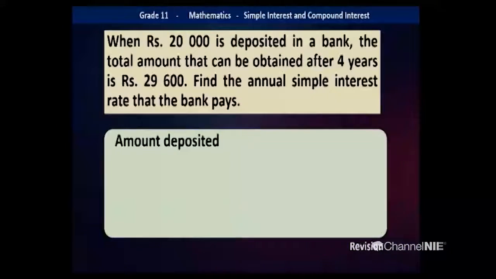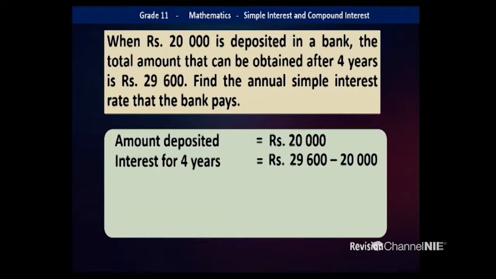According to this question, 20,000 is deposited and after 4 years the amount is altogether 29,600. Therefore, the total interest for 4 years is 29,600 minus 20,000. Then the answer is 9,600 for 4 years.